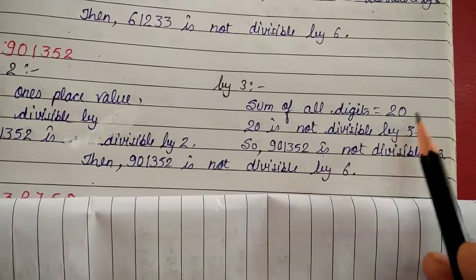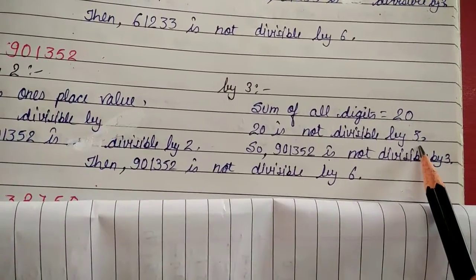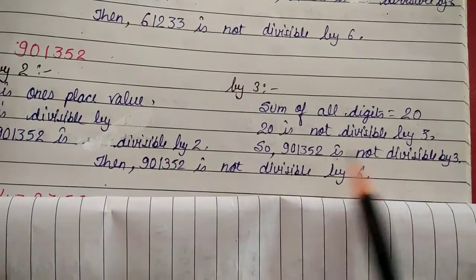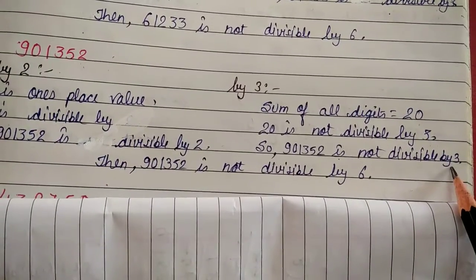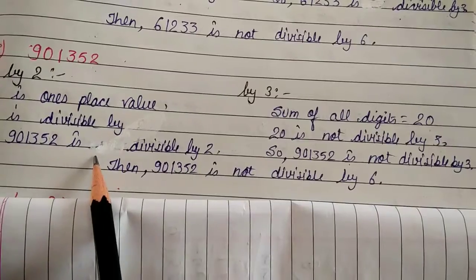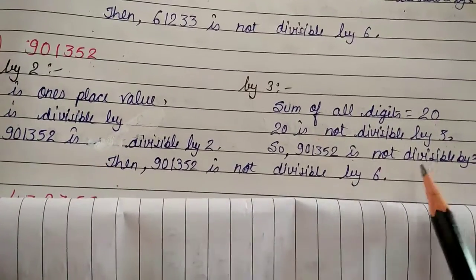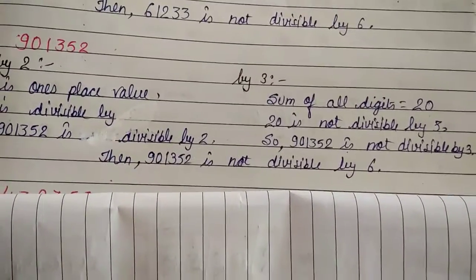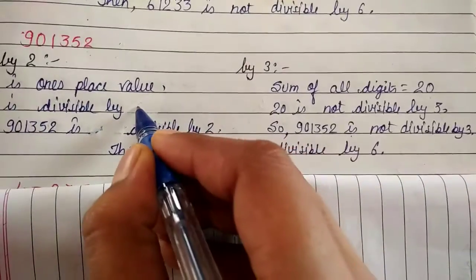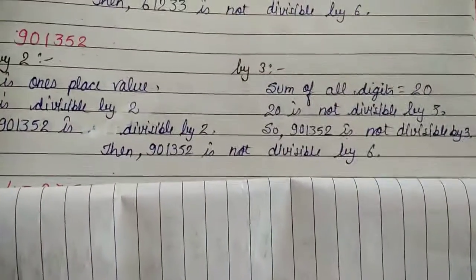And 20, the sum of all digits, is not divisible by 3. It means that the whole number is not divisible by 3. For 2, it is divisible, but for 3, it is not. It means that the number is not divisible by 6.